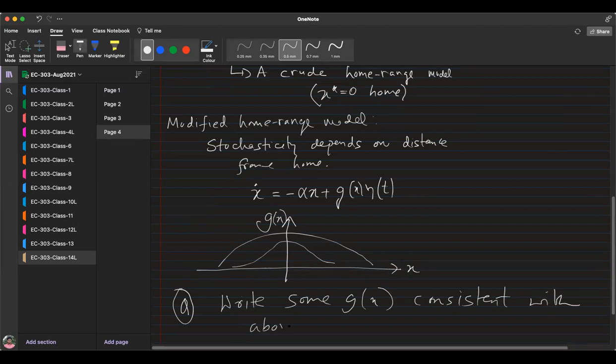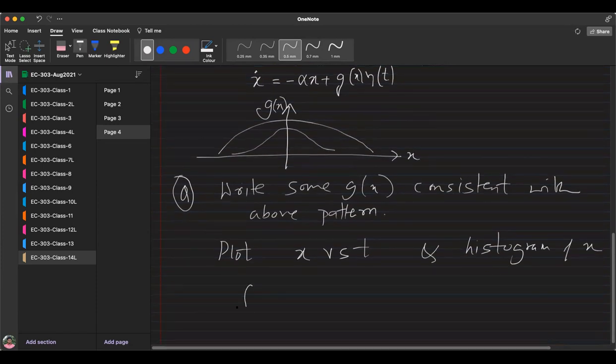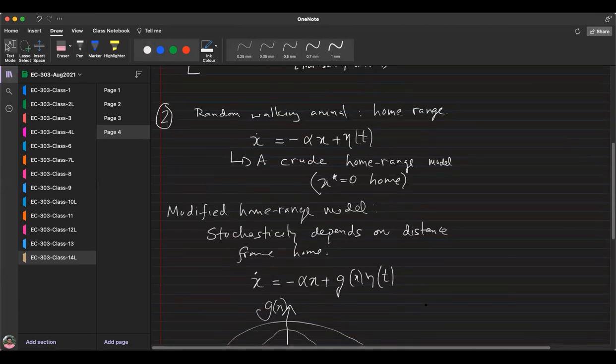Then plot x versus t and a histogram of x for different values of sigma. Is that fine? For the sake of simplicity and to reduce the number of parameters, assume alpha is equal to 1. Let's also assume alpha is equal to 1 here.